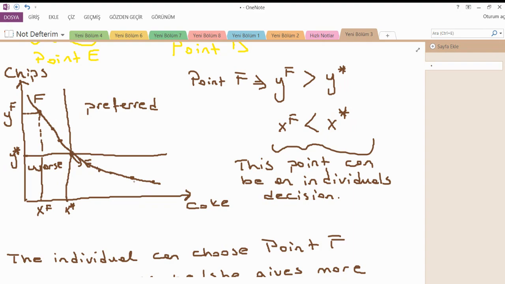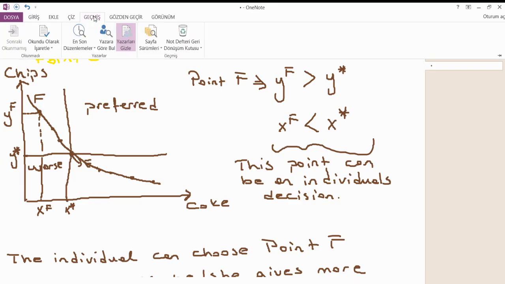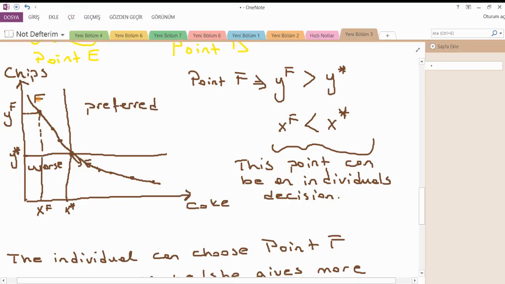And when we combine these points, we have a curve like this. I'm going to show this. Okay, as you see, it's a curve actually. And we call this curve indifference curve, okay?